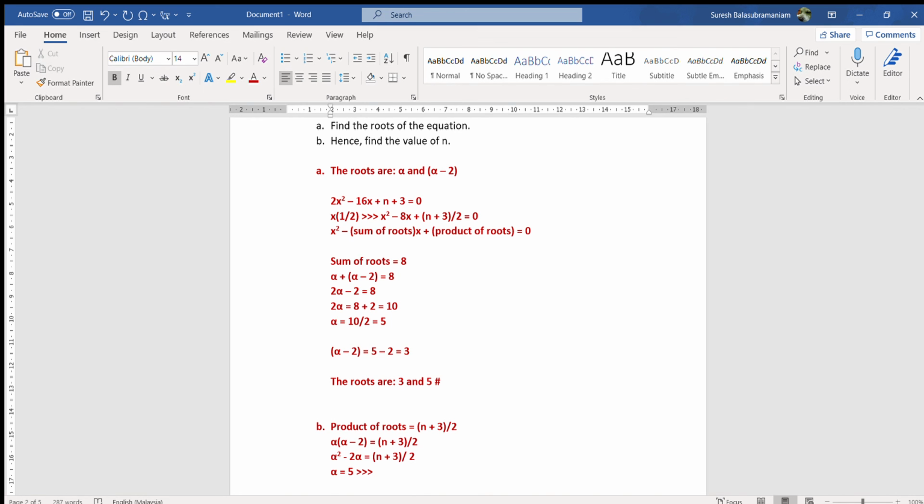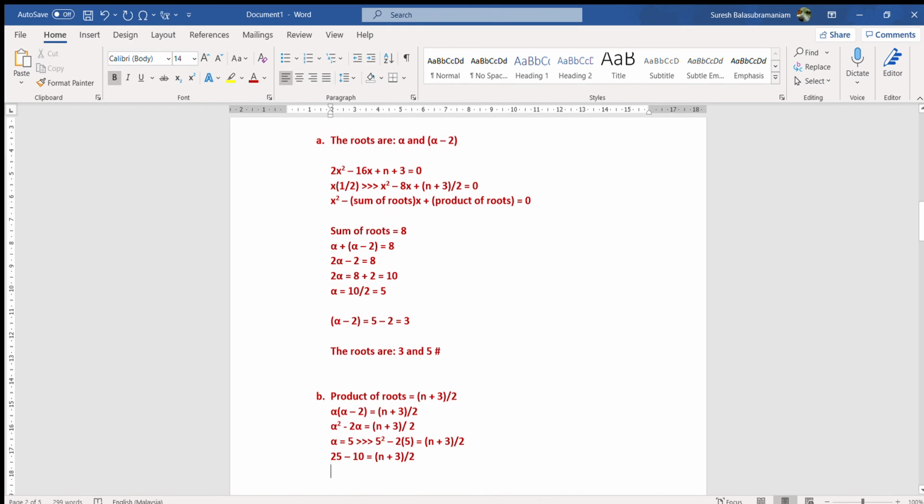I'll get 5 squared minus 2 times 5 equals (n plus 3) over 2. So 5 squared is 25, minus 10, equals (n plus 3) over 2.